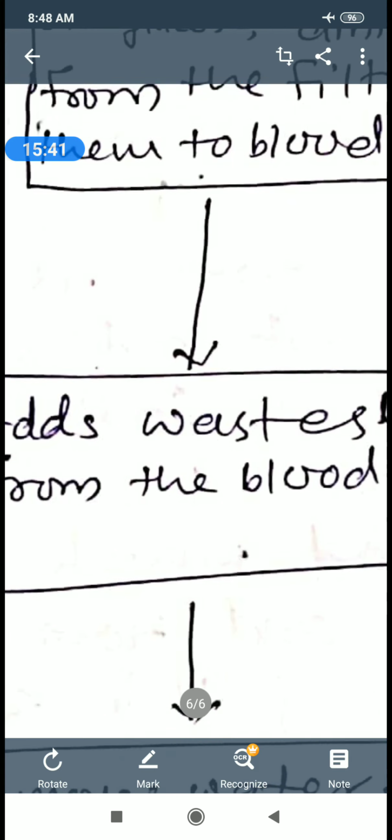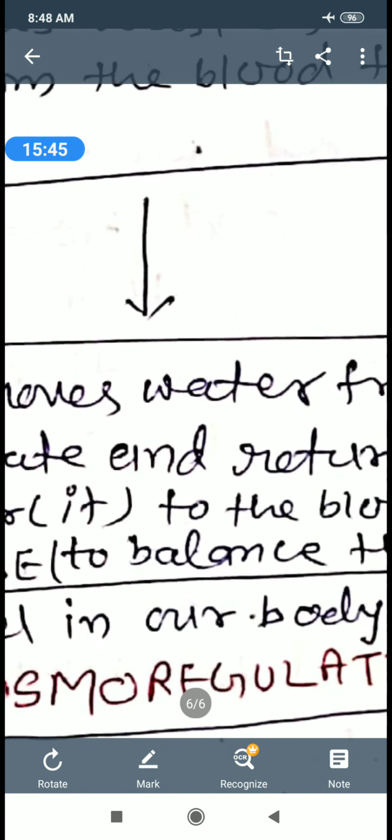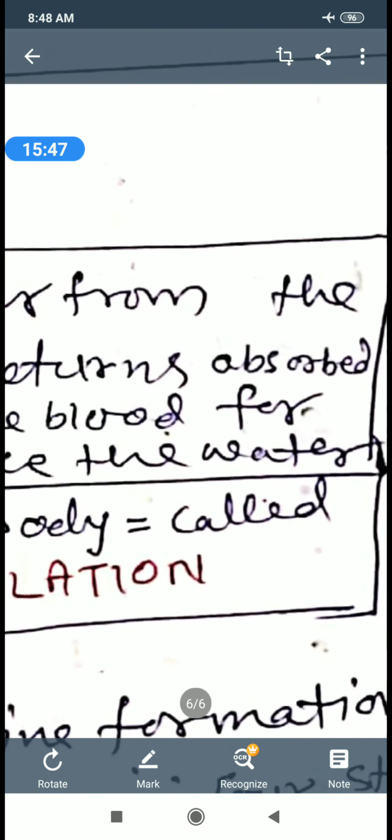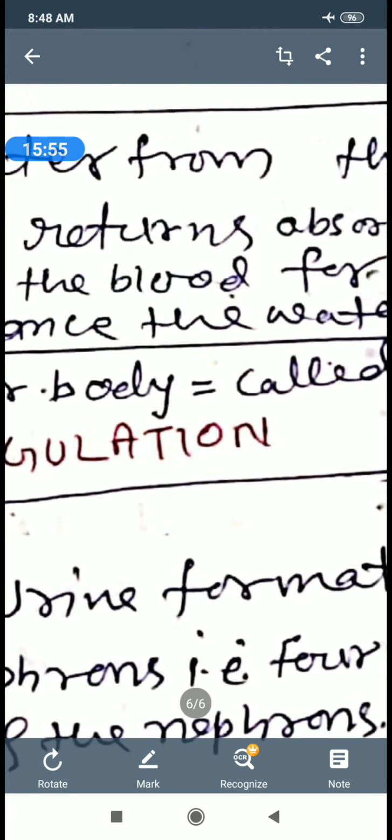This is called osmoregulation. So this sketch diagram shows urine formation, or the function of nephron, the four steps or four functions of nephrons.